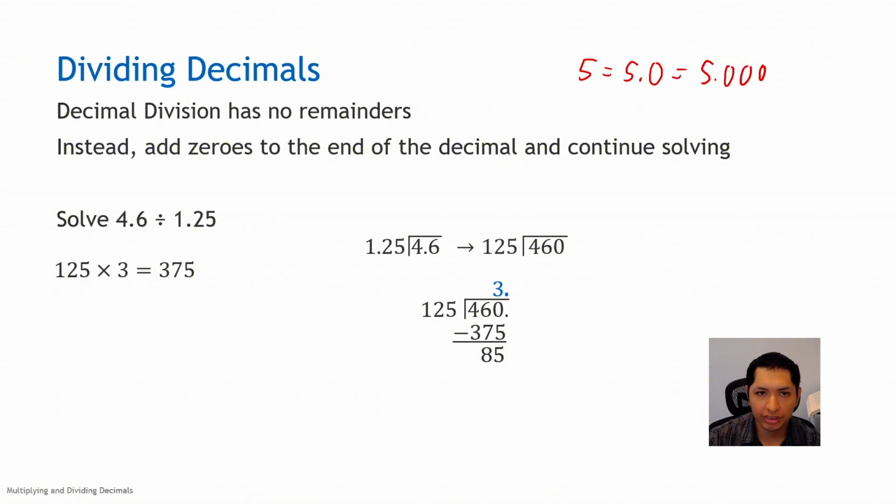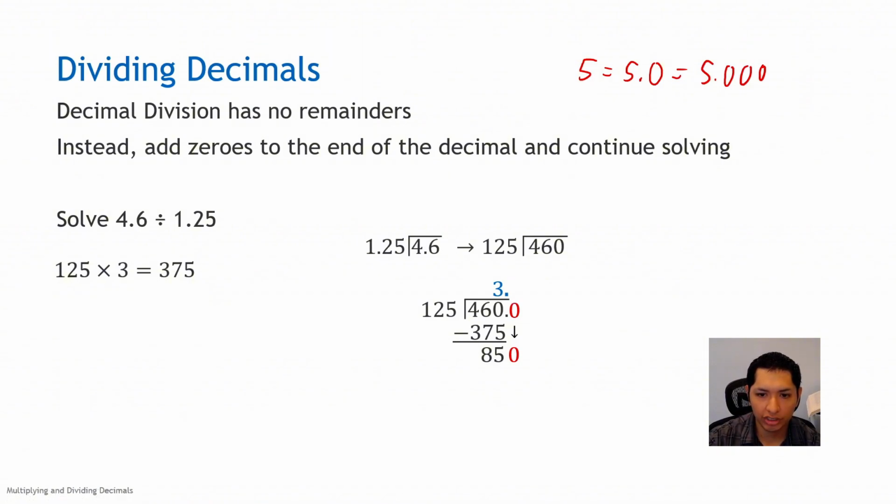Now here, again, in other division problems and non-decimal division problems, you would have a remainder of 85. But with decimal division, we're going to continuously add zeros to solve for the entire decimal. And so I add a 0 at the end of the dividend, and then I drop it down and continue solving.